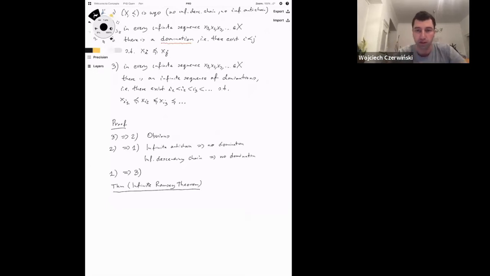This is for finite graphs, and this is also what the infinite Ramsey theorem talks about. It's formulated like that. But actually, the proof is easier than in the finite case.